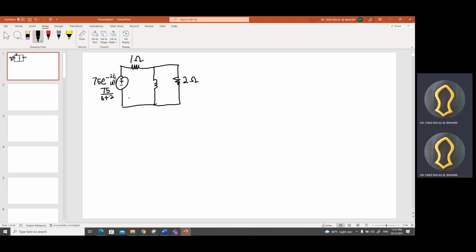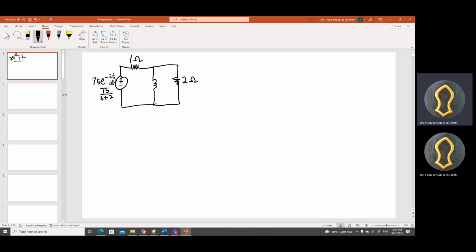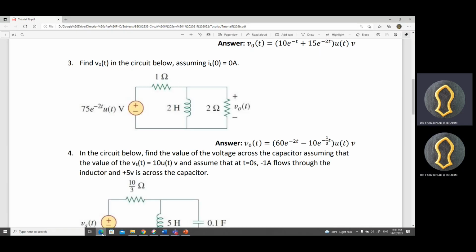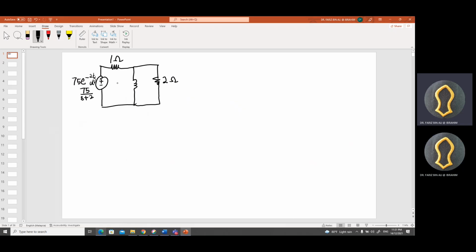And then the inductor value is 2. 2 Henry, when you convert to S domain, will be LS, so 2 times S, 2S. I think that's all.